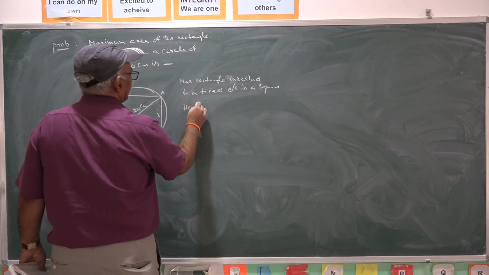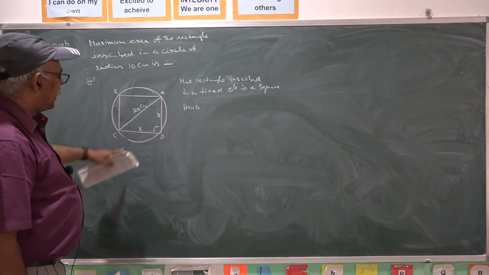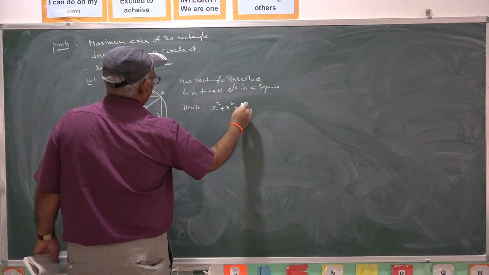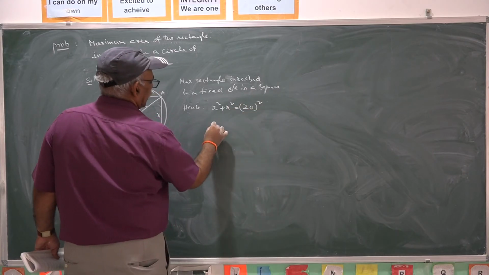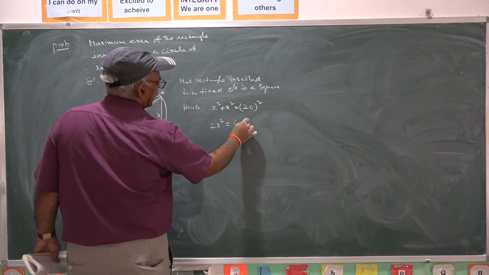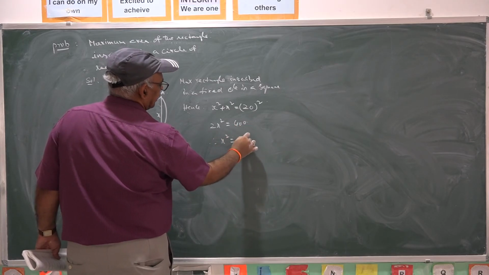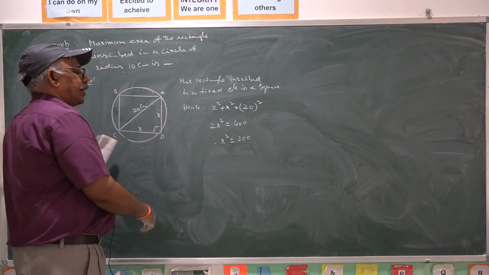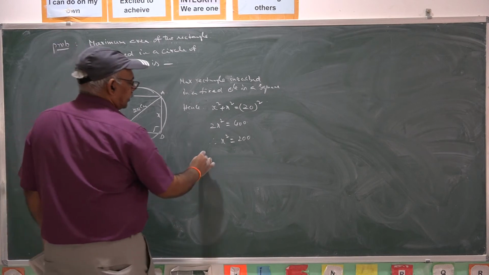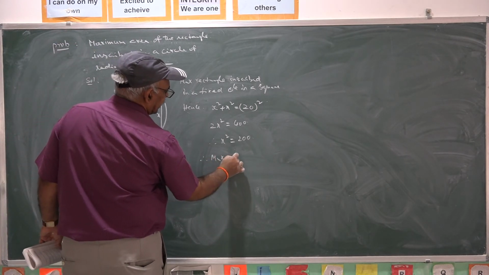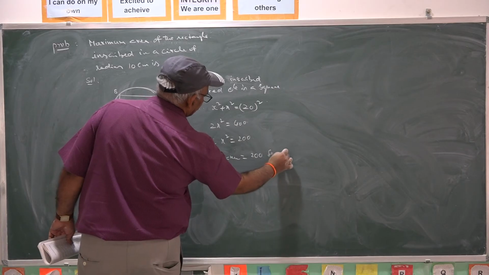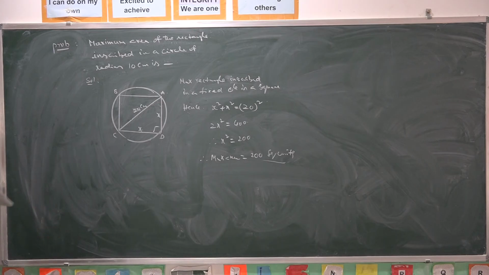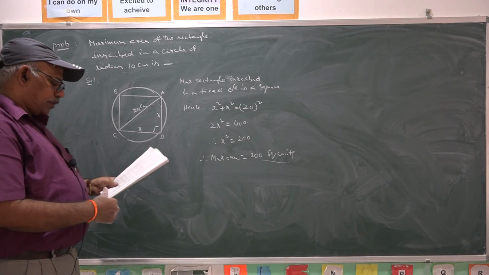Hence, from the figure, x square plus x square equals 20 square. 2x square takes the value 400. x square takes the value 200. The maximum area of the square is x square itself. So, the required maximum area is 200 square units itself.